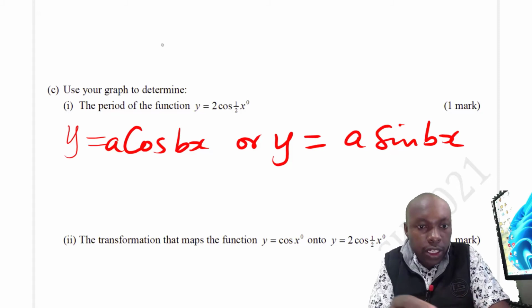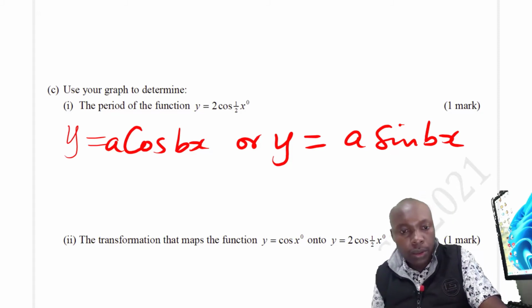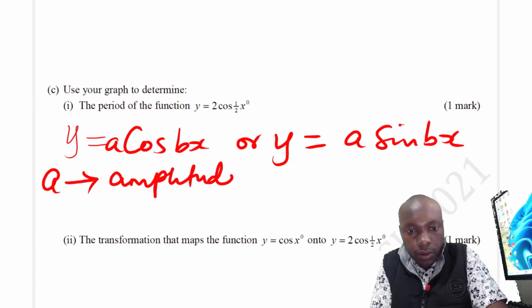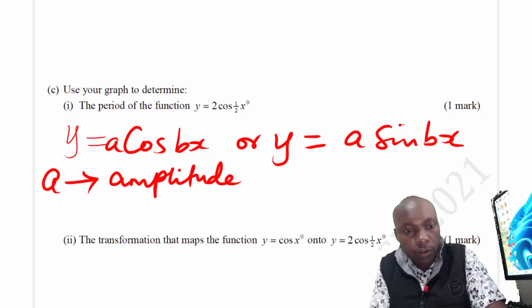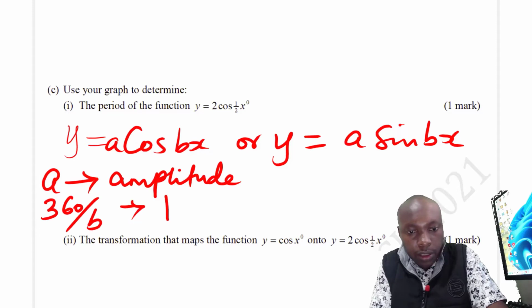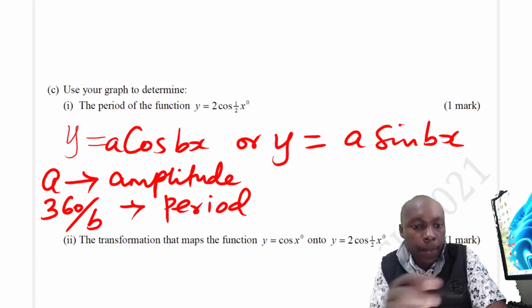Now if you have any equation of that nature, a is the amplitude of that curve, and then 360 divided by b gives the period of the curve.